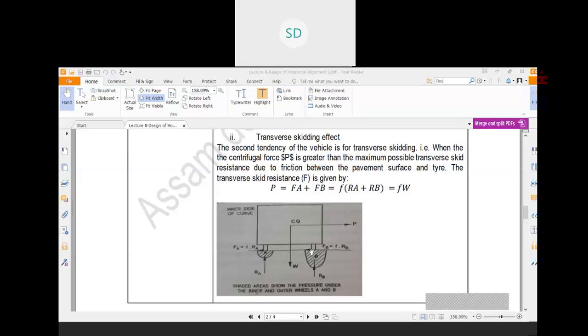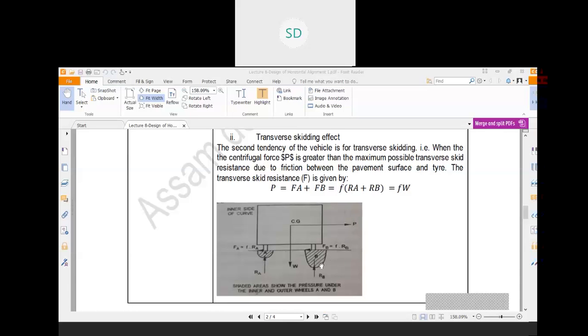Now as these are the outer wheels, the pressure intensity over here would be slightly more than the inner wheels. Now, the frictional force Fa, if your frictional coefficient is small f, for A you can write Fa equal to f into Ra, where Ra is the reaction force at A, and here it would be Fb, that is coefficient of friction into Rb.